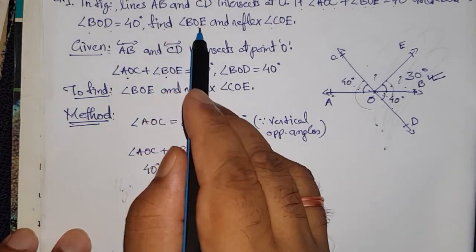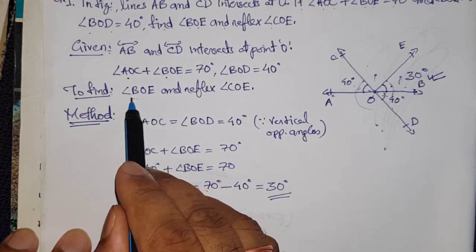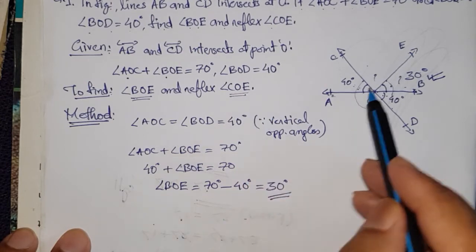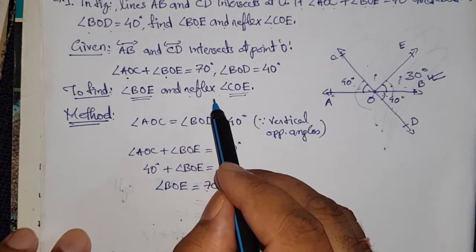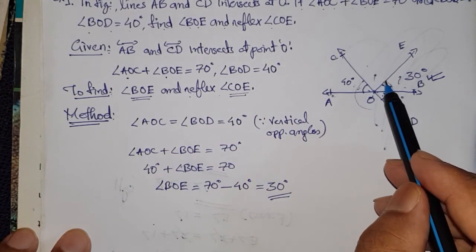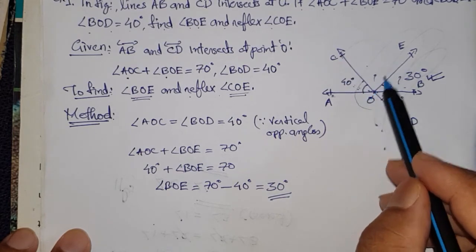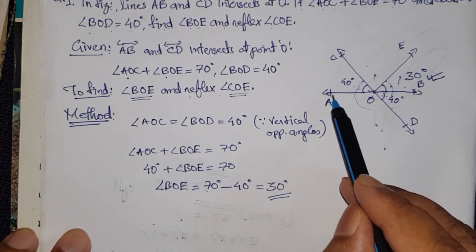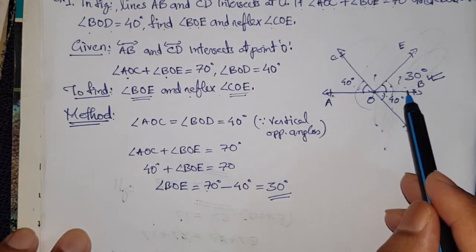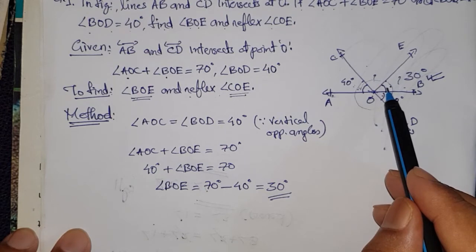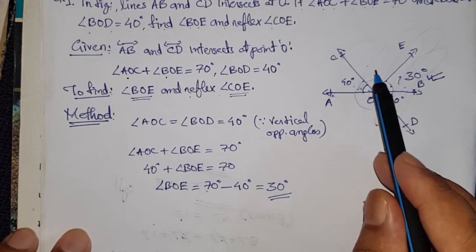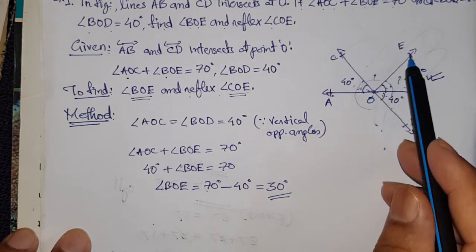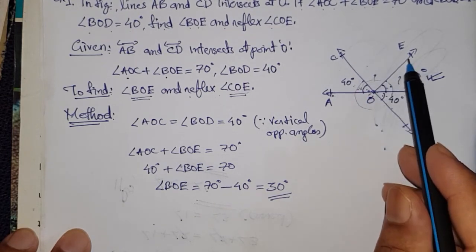Now one of the angles we already got, that is BOE. They are asking to find reflex COE. So before finding reflex, you should know what is the value of COE, that you find out. Now you can see here AOB is what? It is a straight line. So it forms a straight angle. And in this straight angle, there are three angles. That is AOC plus COE plus BOE.